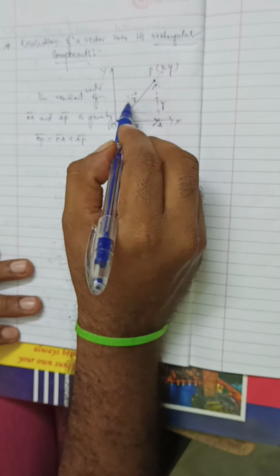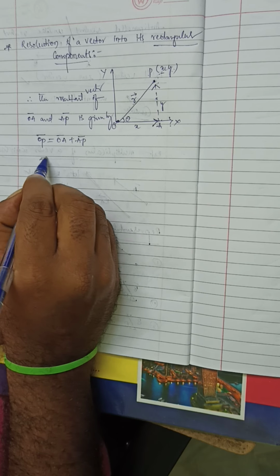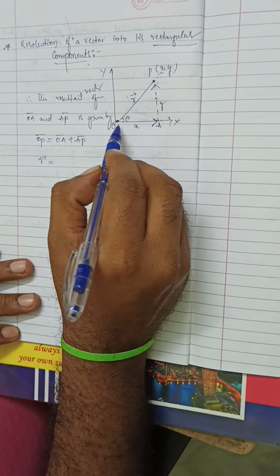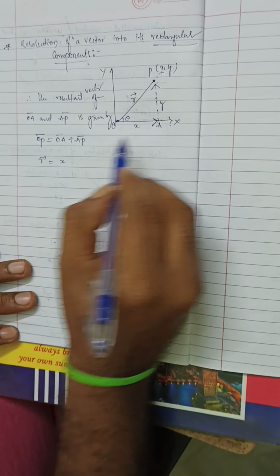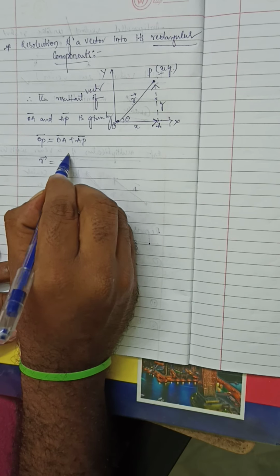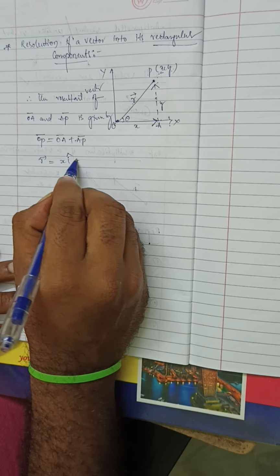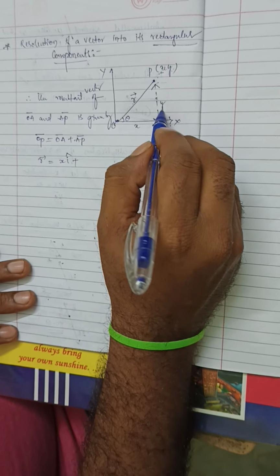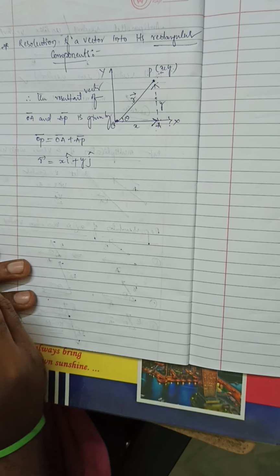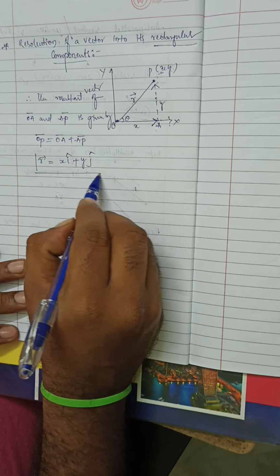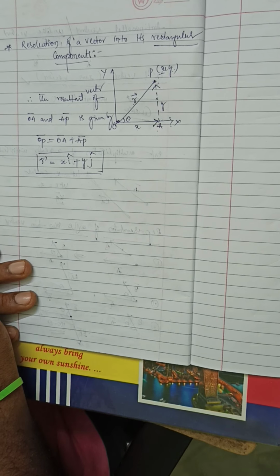Now OP bar is nothing but r bar, therefore r bar is equal to OA, means x, and this is along the x axis, that's why you have to write x i cap, plus AP is y, along the y direction, so that's why it will be y j cap. So this is the position vector, a very important equation.